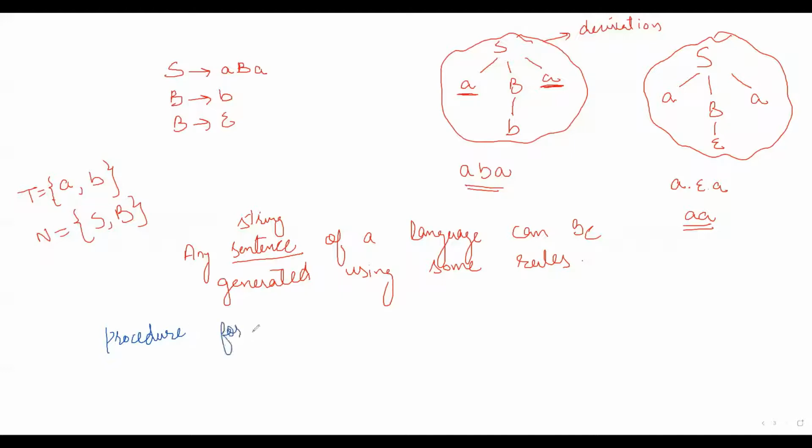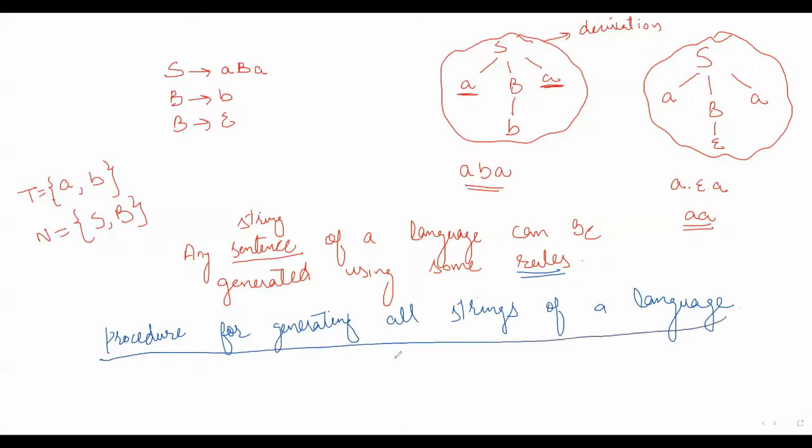for generating all strings of a language. And this procedure, or I can say these rules, which are used for generating the strings of a language, these rules with some additional details is defined as a grammar for a language.